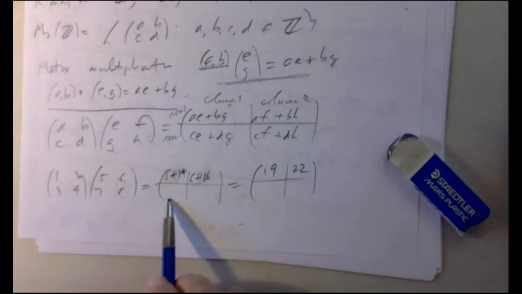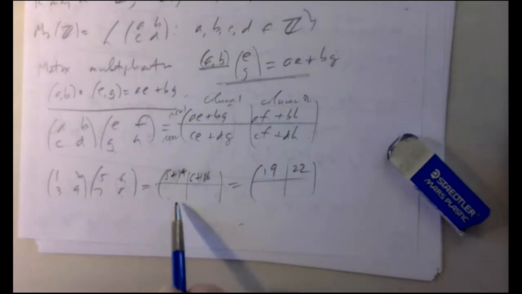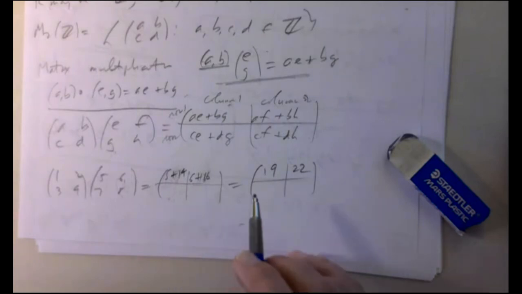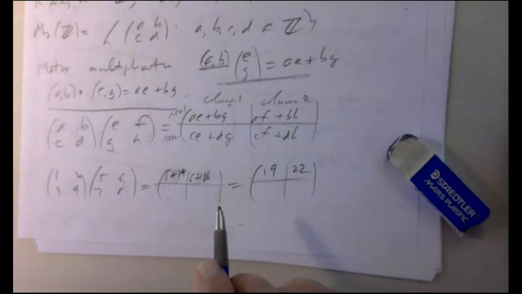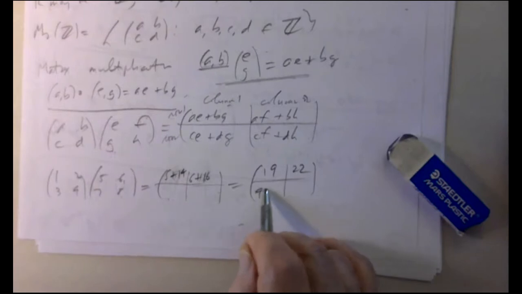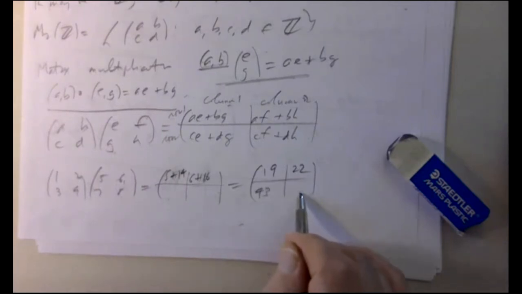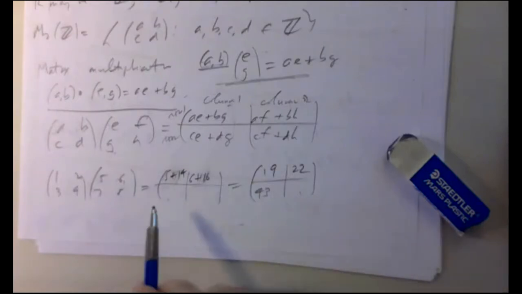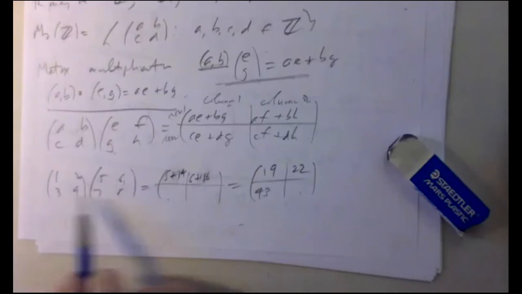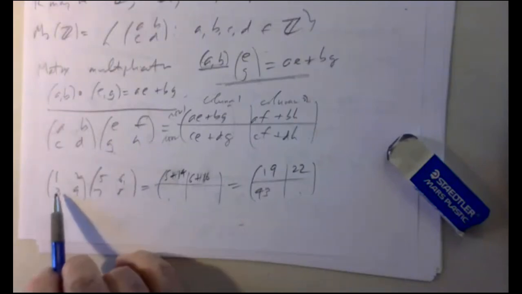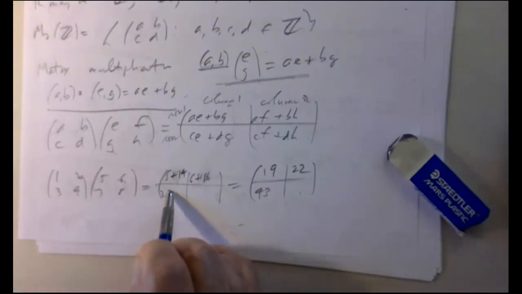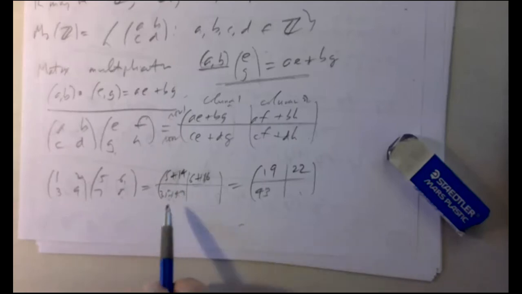What goes in here? What are the numbers in the second row? 43. And here? 50. Let's see. So here, second row, first column is 3 times 5 plus 4 times 7.